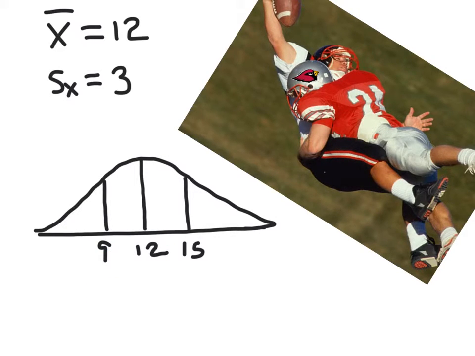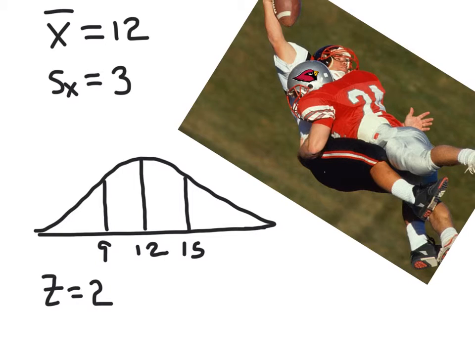Okay, so now let's take a look at some z-scores. If you have a school that has a z-score of, how about 2? That means that they are two standard deviations above the average. 2 times 3 is 6.